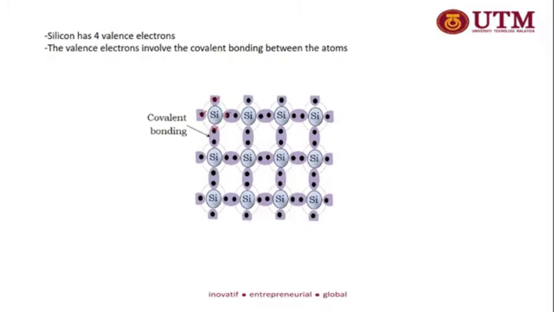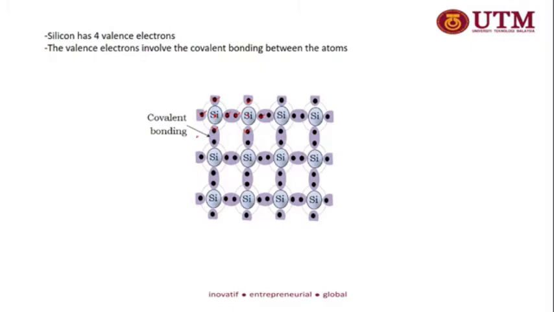These 4 belong to this silicon, and this other 4, 1, 2, 3, 4, belong to this silicon. Between silicon atoms, there will be a bonding. We call it a covalent bond. This is the bonding which sticks the atoms together inside the material. We call it covalent bonding.